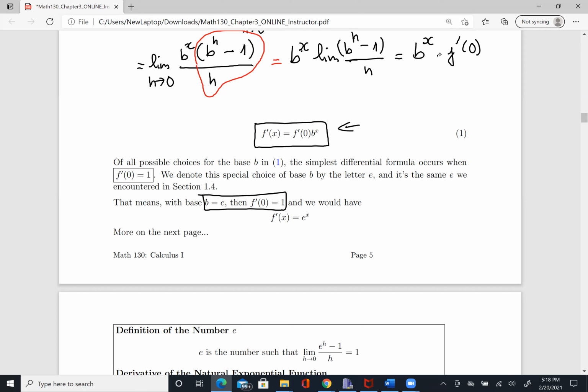So we're going to have f prime of x equal to e^x.